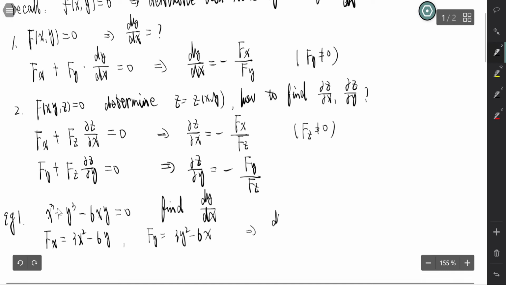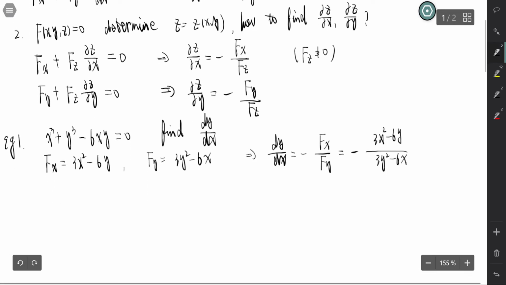So dy over dx is negative f_x over f_y, that is negative (3x squared minus 6y) over (3y squared minus 6x). That's the dy over dx.